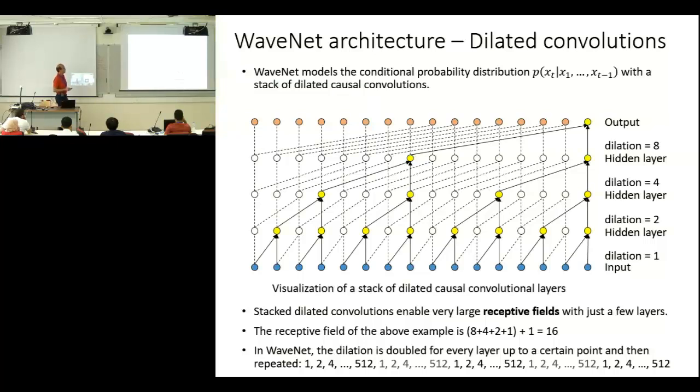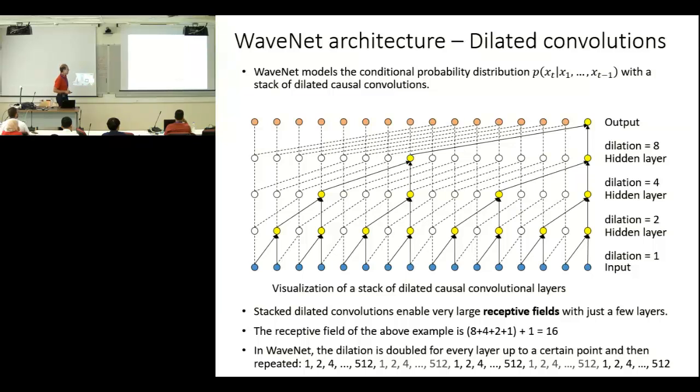If we used a convolution without dilations, in order to have the same receptive field, we would need a very deep network. For example, the receptive field of this whole example is this one, which is 16.